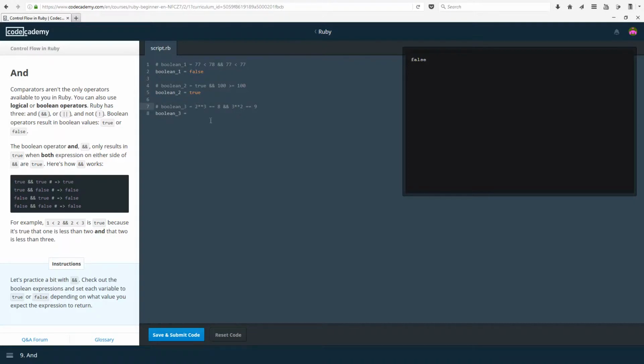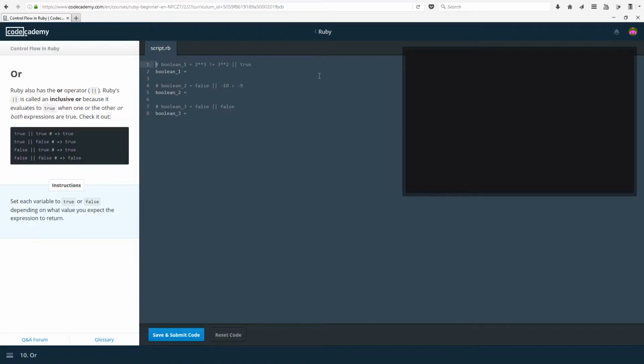That would mean 8 equal to 8. Well, 8 is equal to 8, therefore that statement is true. Then we have 3 to the power of 2. That is 9, equal to 9, that's also true. Therefore this statement is going to be true, because both sides of the AND are true. Let's say we submit code, and good, our logic was correct.